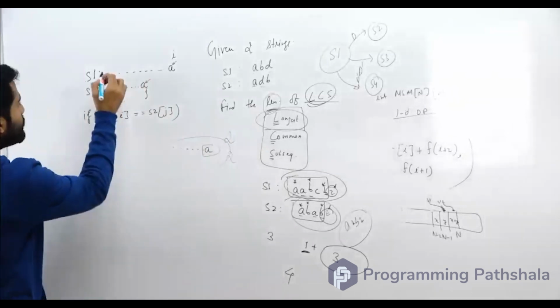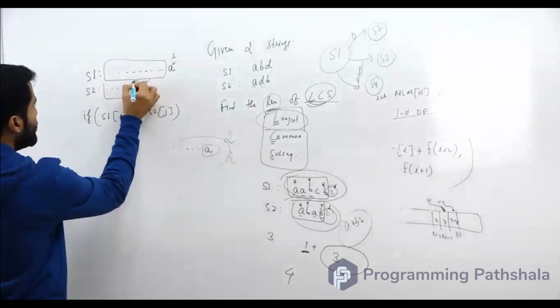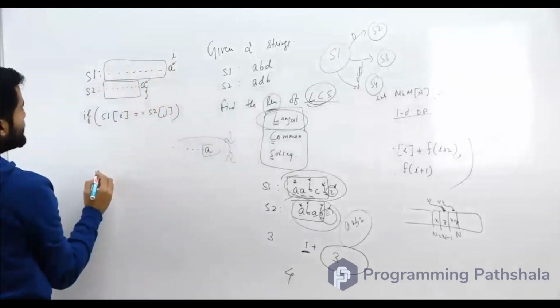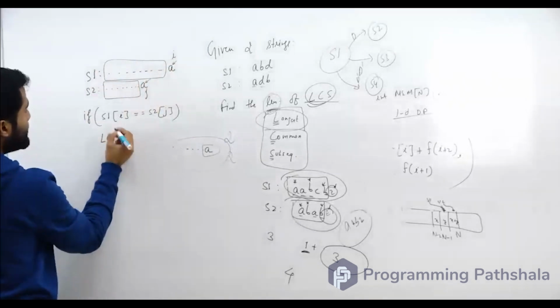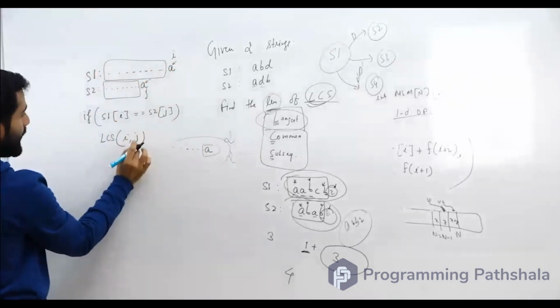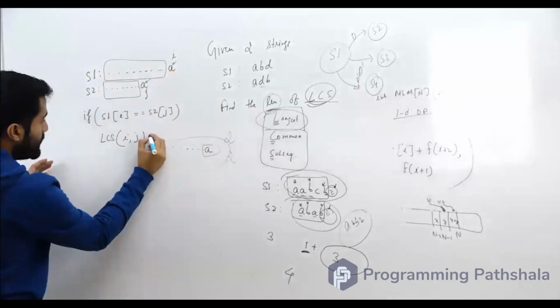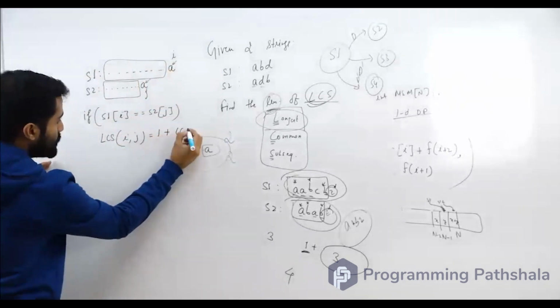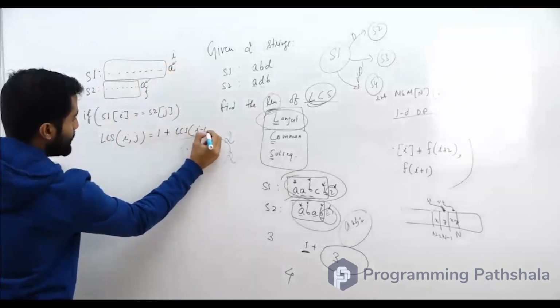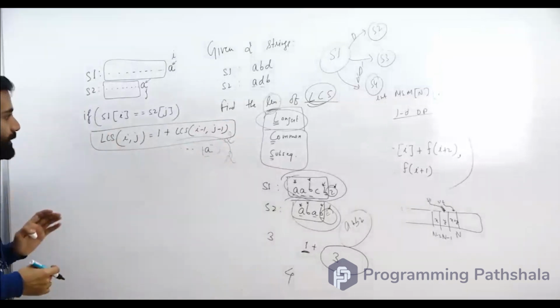And now all that I have to do is focus my attention on finding the LCS of remaining strings. So in this case, I can say that LCS of I comma J, where I and J denote the last characters of S1 and S2, is 1 plus LCS of the remaining part, which is I minus 1, J minus 1. So this is the first equation that we have come up with.